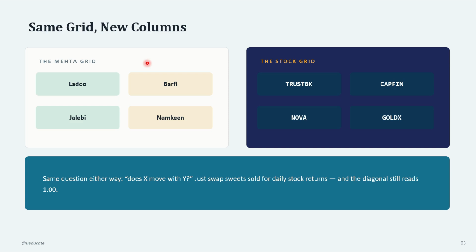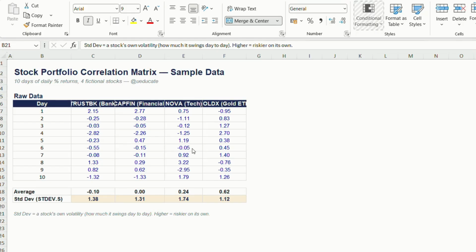So we will look at the example in the Excel workbook, to see how stock X moves with stock Y and the correlation between them. We have this workbook with raw data of 10 data points for the different stocks: Trust Bank, Capfin, Nova, and GoldX, with each day's percentage daily return.